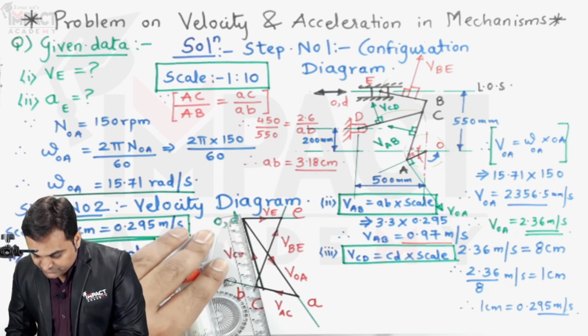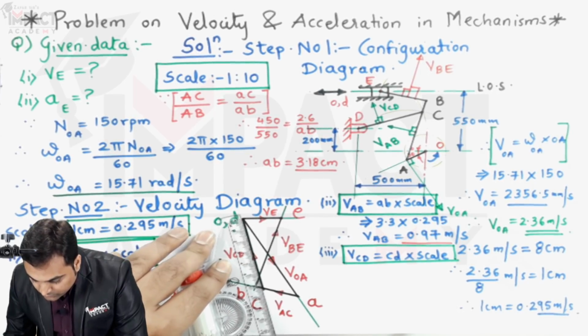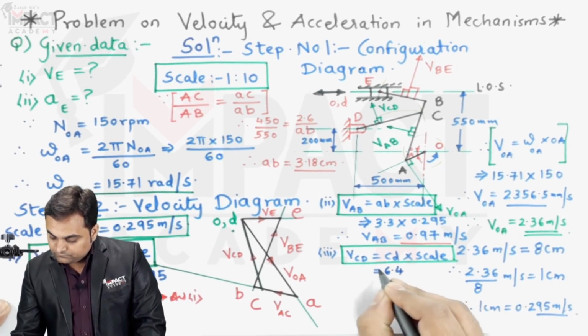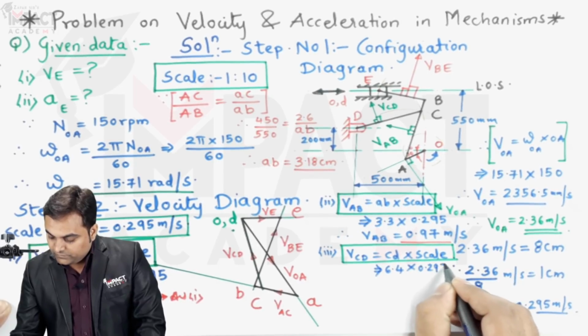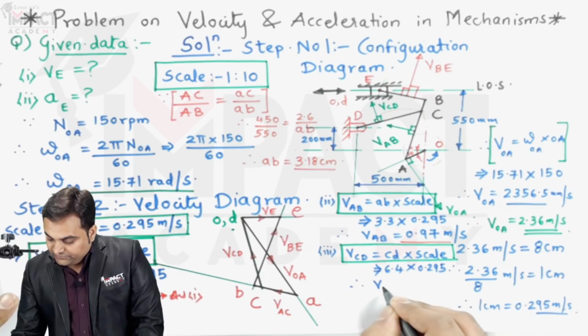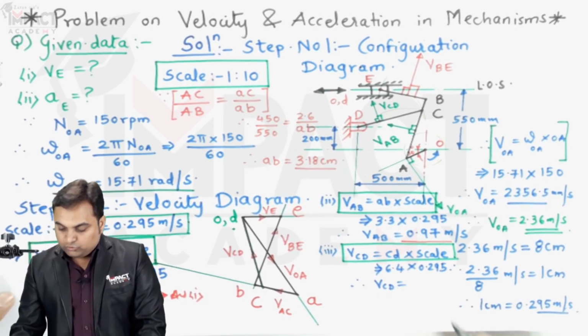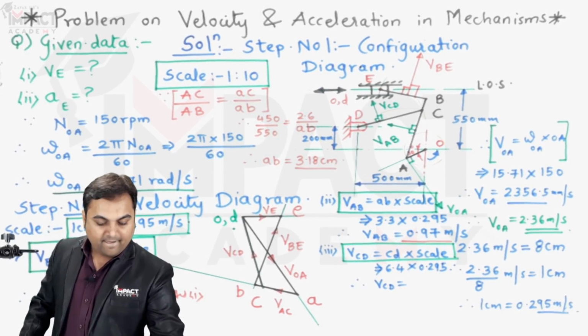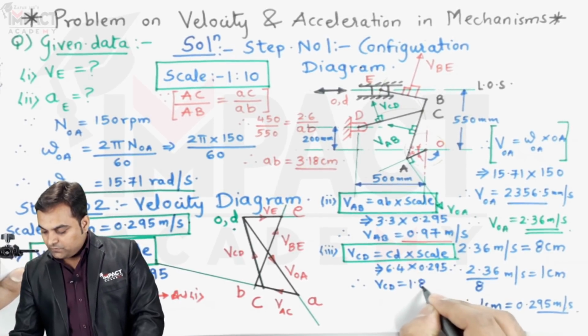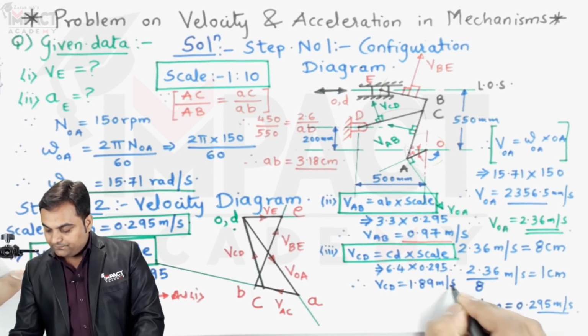C to D distance is 6.4 centimeters into 0.295. So velocity of CD link comes out to be 1.89 meter per second.